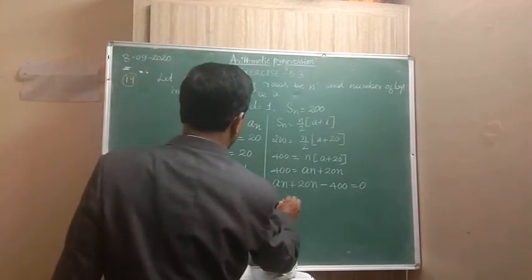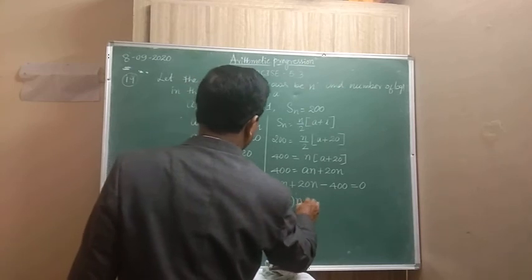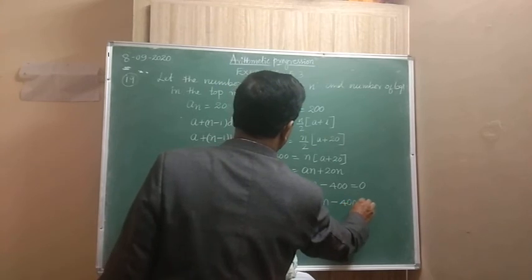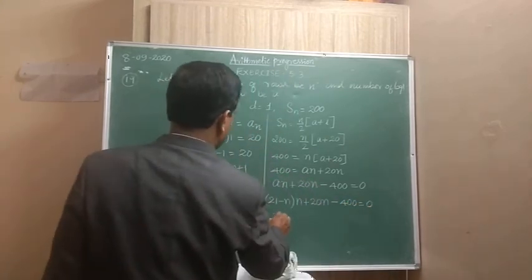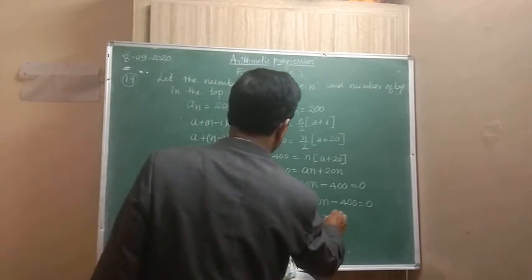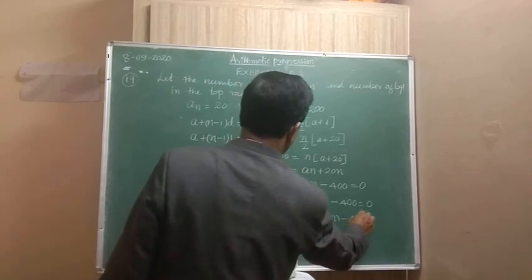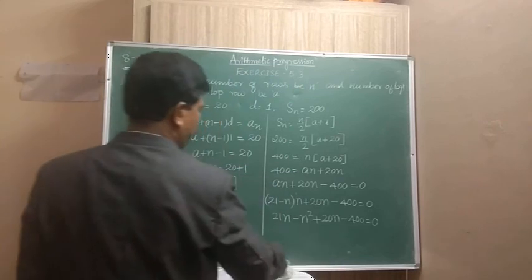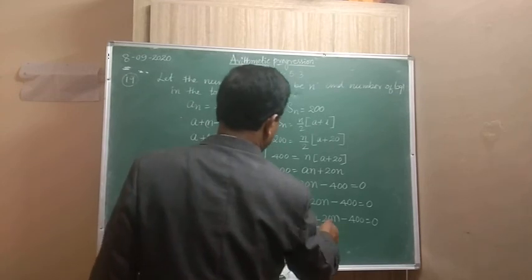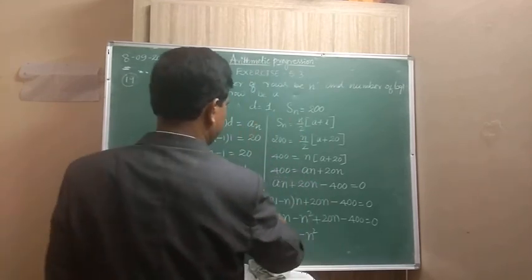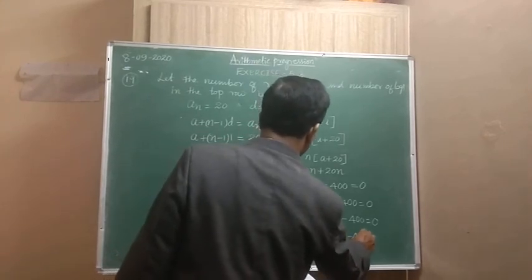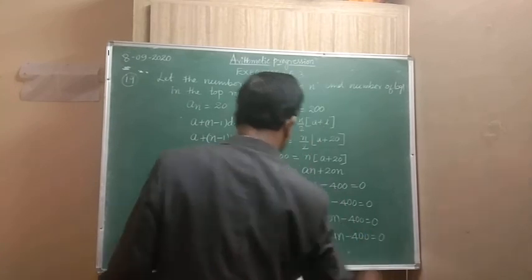So (21 minus n) into n plus 20n minus 400 equals 0. Then 21n minus n square plus 20n minus 400 is equal to 0. Now here is minus n square plus 41n minus 400 is equal to 0.